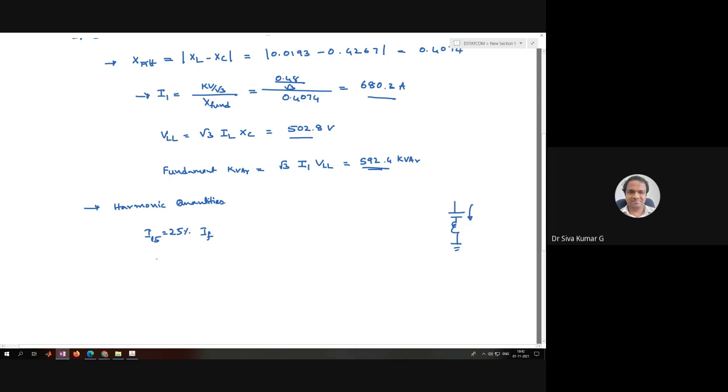What we get was the IH current, which is equal to per unit of IH. It is obvious, the per unit only, with respect to the fundamental is 25%.